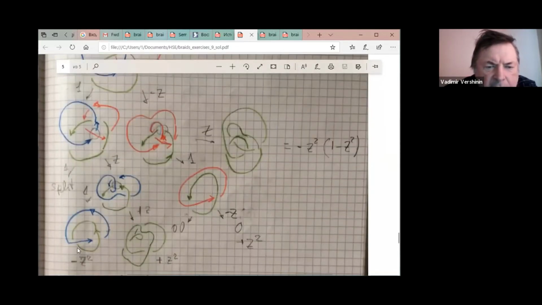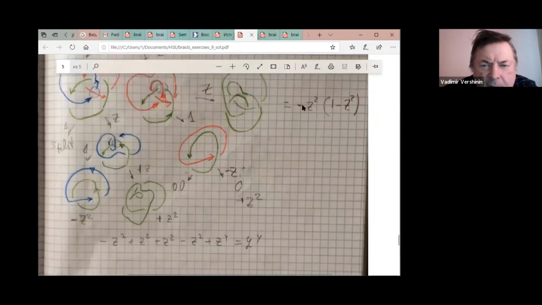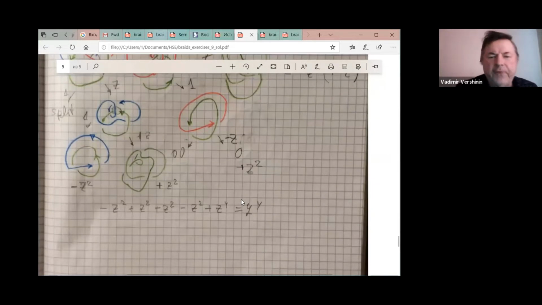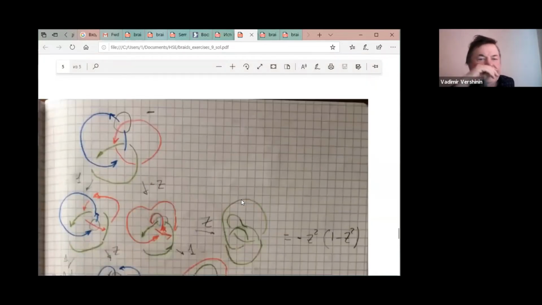So what do we have? Minus z squared plus z squared plus z squared minus z squared plus z to the fourth. And we get our final result: z to the fourth. Borromean links, Alexander-Conway polynomial is z to the fourth.